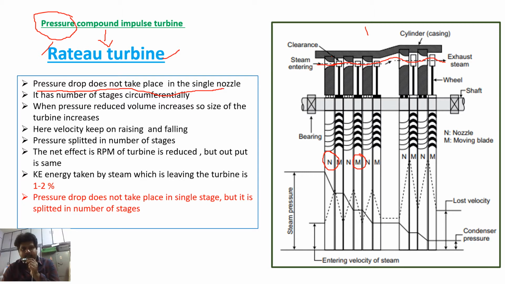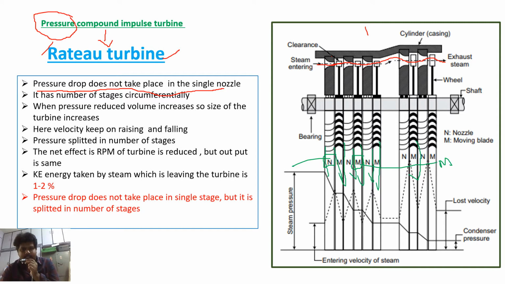In this case, the Rateau turbine has moving blades. This N area shows the nozzle area, and M shows the moving blade area. Like that, nozzle areas and moving blade areas are divided by a number of lines.